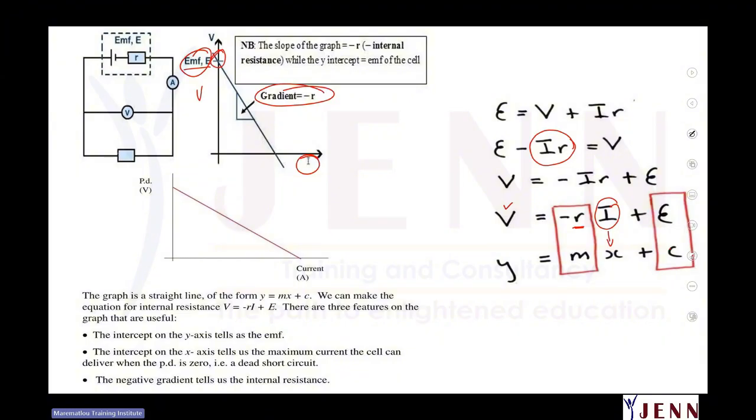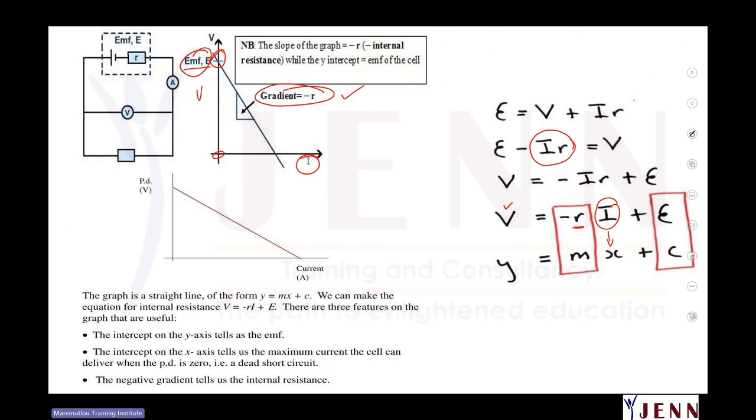And at the y-intercept, where x is equal to 0, when there is no flow of current in the circuit, we get EMF. So, two things we must take from this.